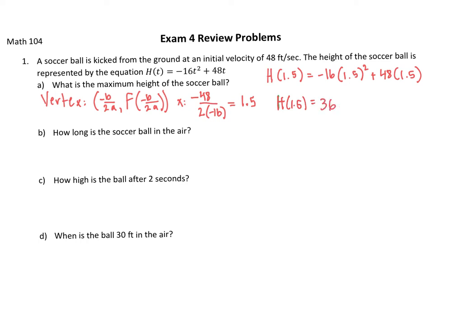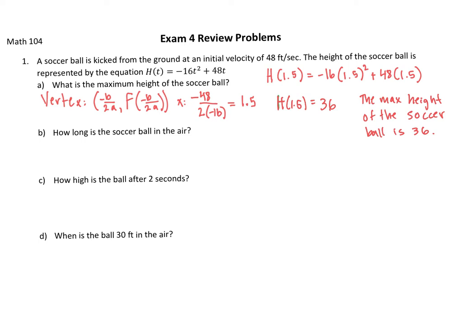So now we're going to answer the question that they asked us. So they want to know the maximum height of the soccer ball. We will just say the maximum height of the soccer ball is 36. You can add something onto this.